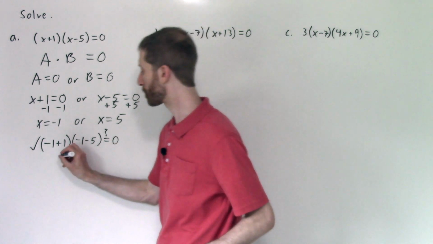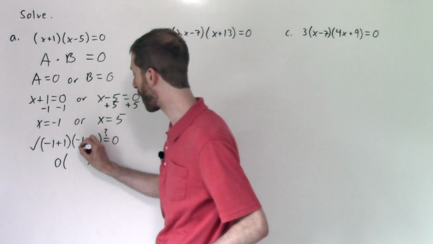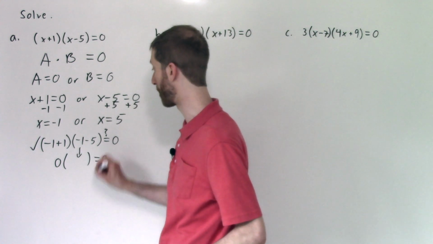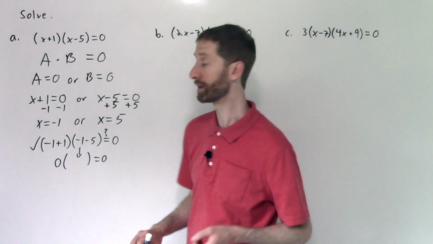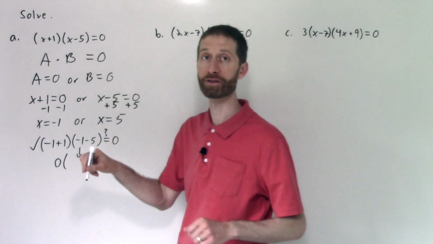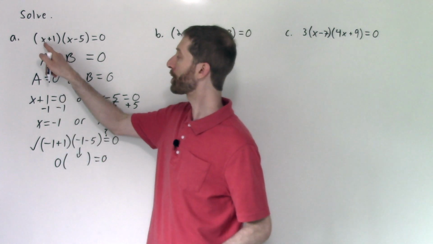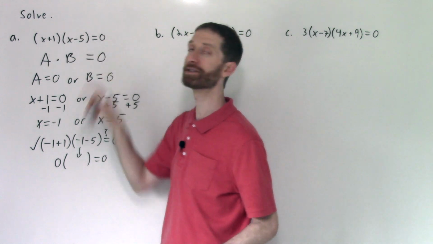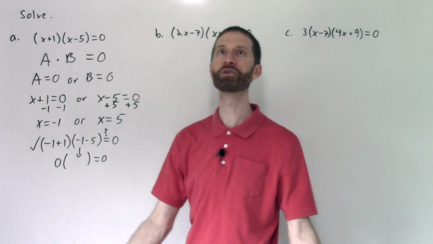Well, negative 1 plus 1 is 0, which means I don't care what this value is, because 0 times any number is 0. Now I'm going to do the next one mentally. If we were to plug 5 into here, what's 5 minus 5? 0. So even though we're plugging 5 in here to get some number, 0 times some number is 0. Oh, it's a beautiful thing.